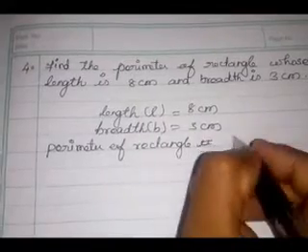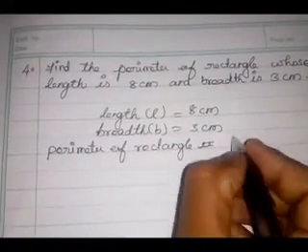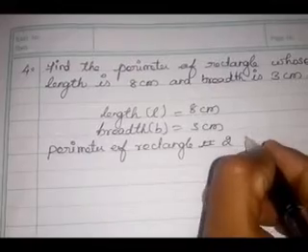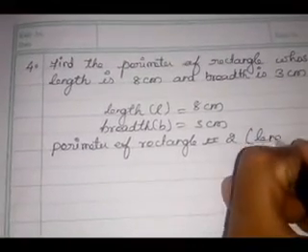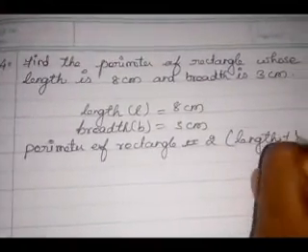What is the formula of perimeter of rectangle? 2 into length plus breadth.